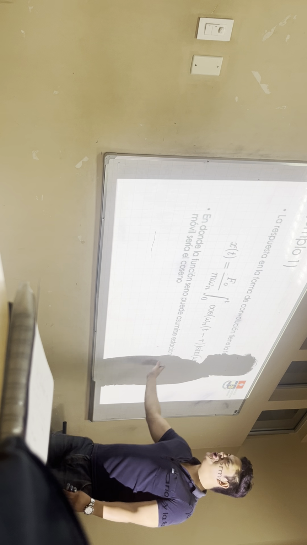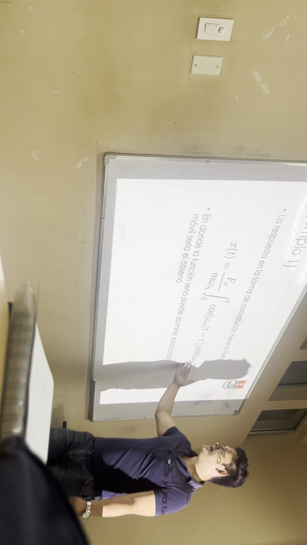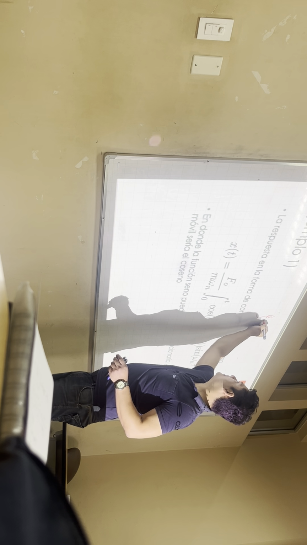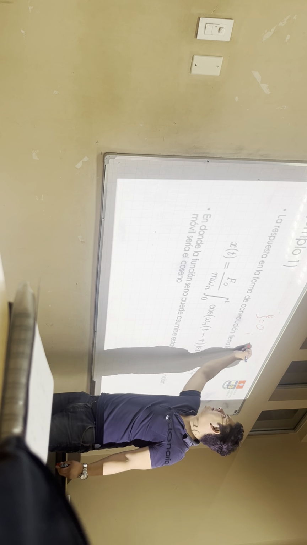Let's see what we can have. For the first case, the solution of the equation is given by this integral. And what is the first case? First of all, this is equal to 0 for all of them. And second, omega equals omega n. So therefore you got omega n, omega n, omega n. Right?